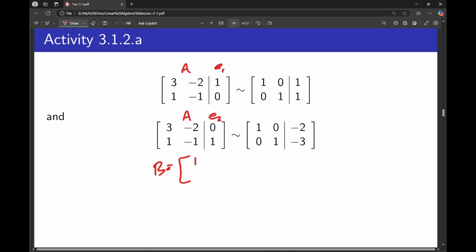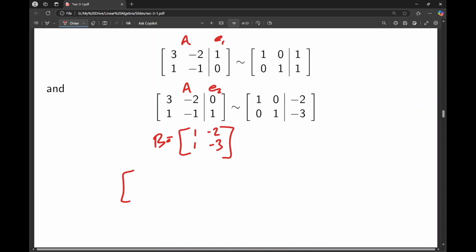So then it's 1, 1 because E1 had 1, 1. And then the second column is -2, -3. Okay, now let's verify. So 3, -2, 1, -1 times 1, -2, 1, -3. Multiplying that row times that column, 3 minus 2 is 1.